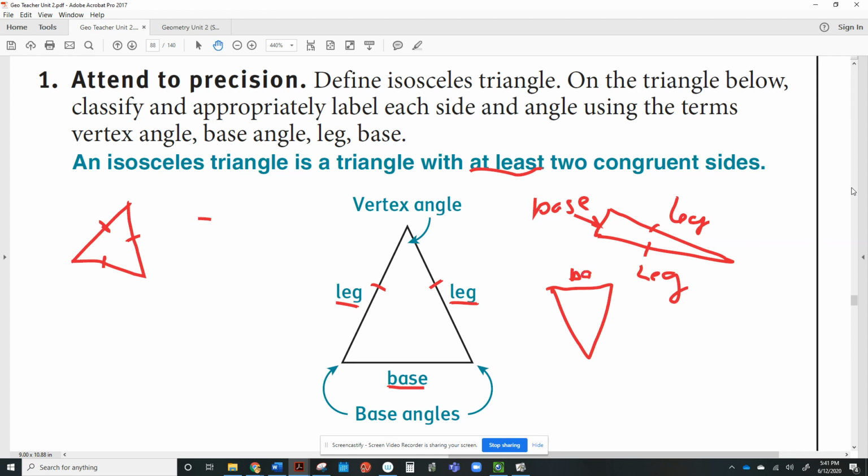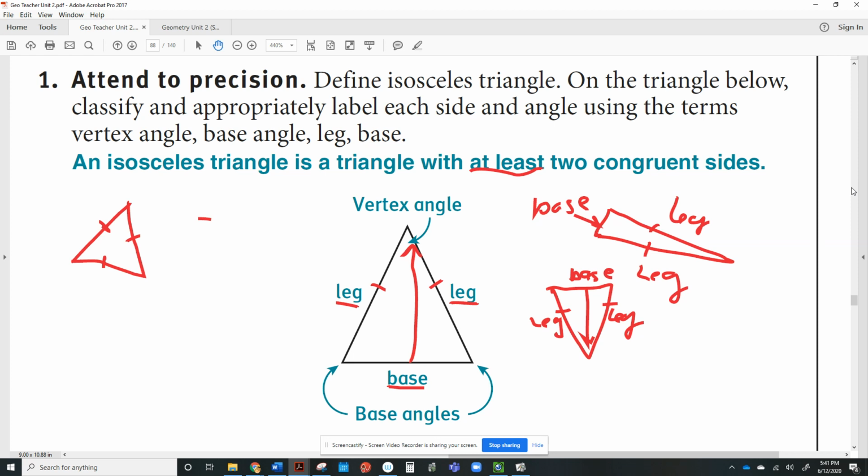This is the base. And the reason it's called the base is because it's the odd man out. So the legs are the two that are the same length. That third one is the base. And the angle that's across from the base, or we say opposite the base, is called the vertex angle.